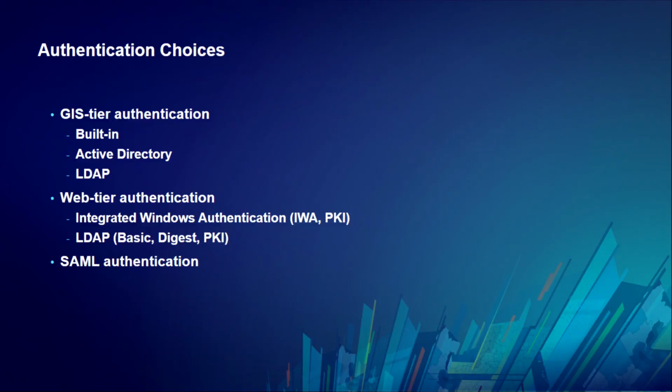That's what we're calling GIS tier. Those logins can either be built-in user accounts, where right out of the box you start creating portal users with a username and password. However, you can configure your ArcGIS Enterprise to use Active Directory logins as well as LDAP logins directly at that portal login screen. Many of you may know that, but there may be some of you that don't know that you can do that configuration as well.